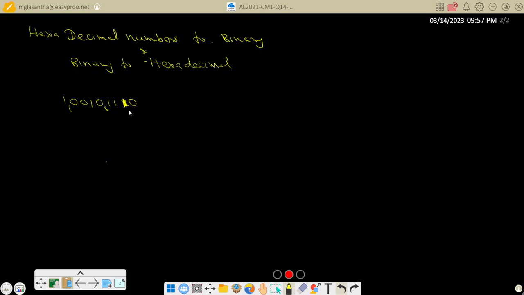Each portion should have 4 digits. These four digits, this is also another 4 digits. The other 4 digits, how do you complete? 0 0 0.